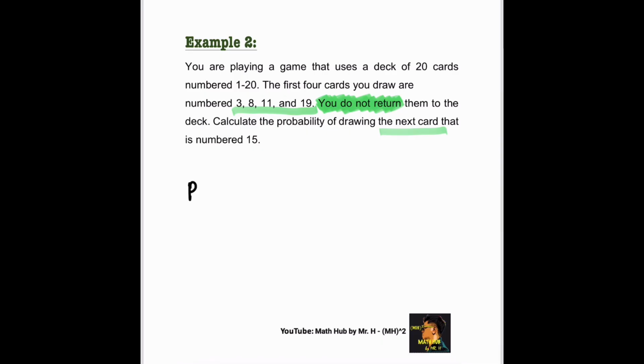So probability that the 5th card is 15. Since 4 cards have been removed already and not replaced or returned, the denominator here will be 20 minus 4 cards.